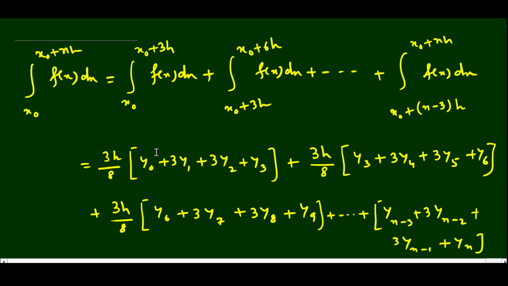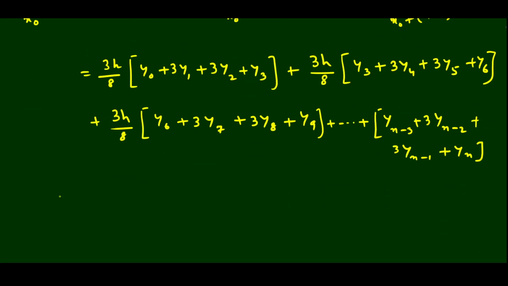Okay. Now from all the terms, we can take 3h/8 common. And like the trapezoidal rule and Simpson's one-third rule, if you observe the terms very carefully, y0 and yn occur only once. So we'll write them together. Then the other terms, 3y1, then 3y2. Their terms are a little bit different. 3y1, 3y2 here, 3y4, 3y5. So with which term what will we write?